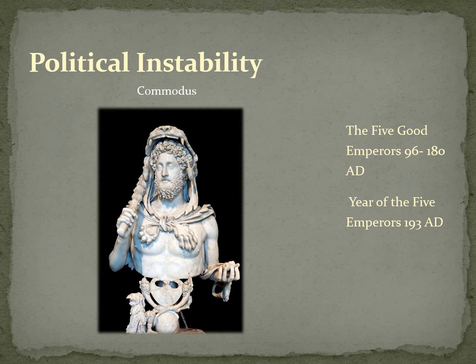Well, anyways, Commodus soon went crazy and believed that he was the reincarnation of Hercules. You can see him dressed here in this statue in a traditional Herculean sort of attire with the lion skin head and the club. But it got worse than that.